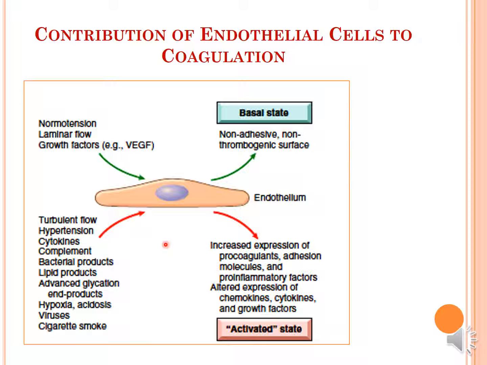Whenever the endothelial cell is injured, this will lead to increased expression of certain procoagulants and adhesion molecules and some pro-inflammatory factors. All of these will alter the surface of the endothelial cell, and now it will transform from a cell that prevents or inhibits coagulation into a cell that will promote it.